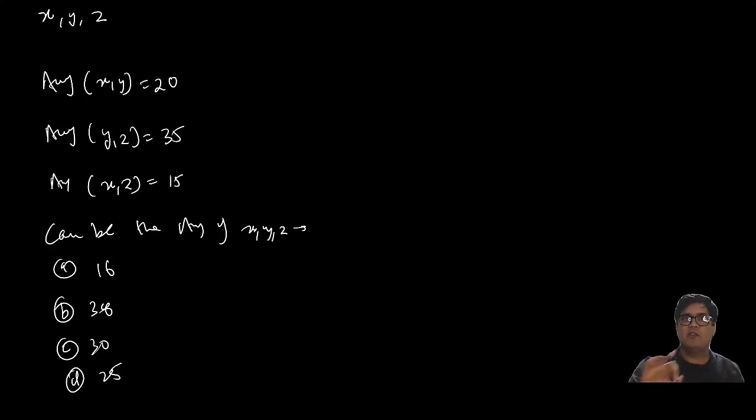So there are two things being hidden from you: the individual average of X, Y, Z, and also the number of students of X, Y, Z. If I create a pattern and show it to you, you can answer all such questions in 30 seconds each. But for that, I'll have to create a pattern and show it to you.